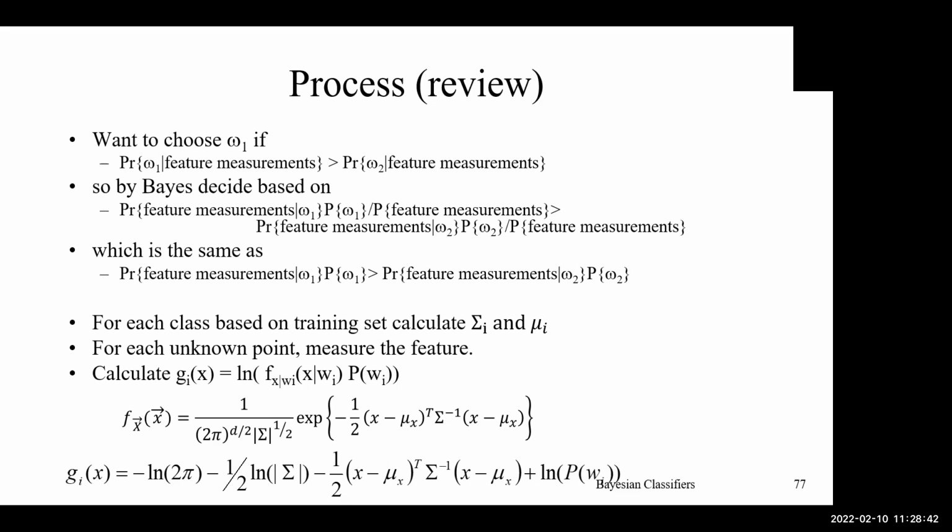Sigma inverse is 8 by 8. When we take these 8 by 1s and transpose them, they're 1 by 8s. And then another 8 by 1. What's this one? Scalar.